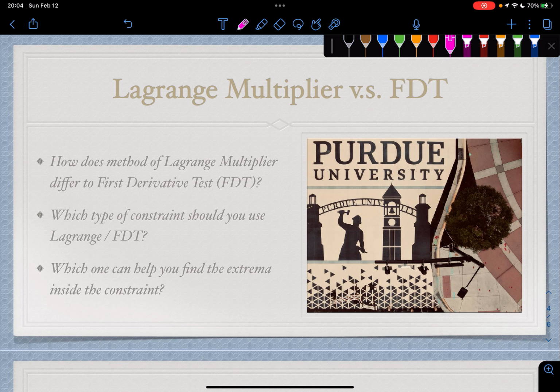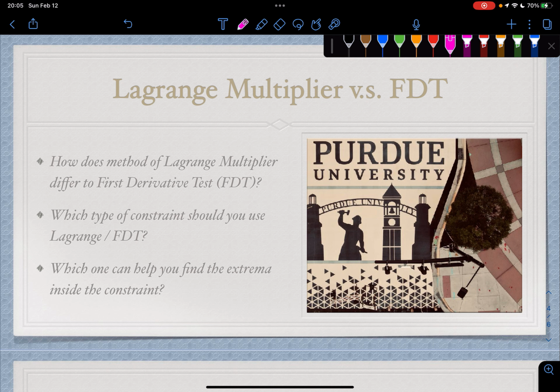We're going to move on. So, how does the method of Lagrange multiplier differ from the first derivative test? The idea of the difference between Lagrange multiplier and the first derivative test, which we talked about in the previous video, which is finding the absolute extrema of a function. So there is a difference, and I think it's pretty obvious.